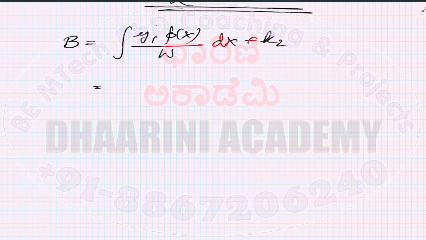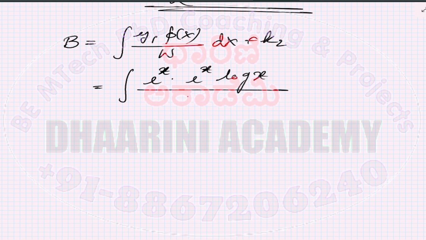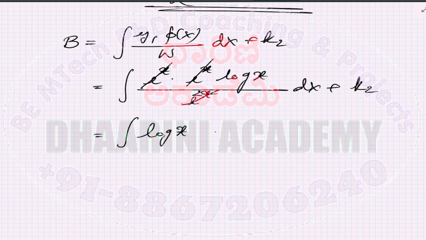So this is equal to integral, the y1 is simply e to the x, into the phi of x is e to the x log x, whole divided by e to the 2x dx plus k2. So e to the 2x will cancel with e to the x and e to the x. This becomes equal to simply log x dx plus k2.